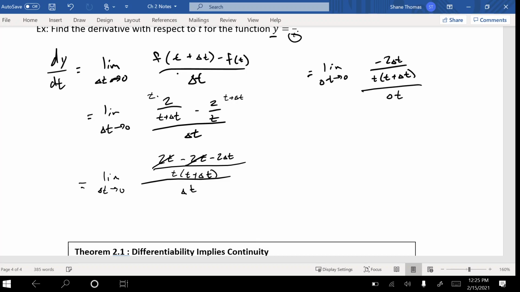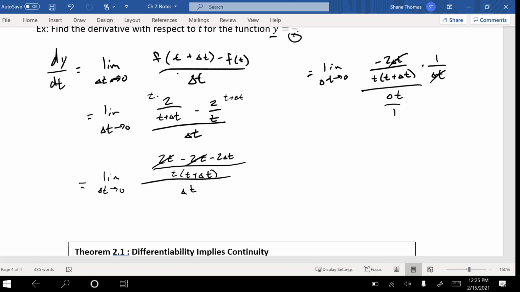Now I have a single fraction on top. Let's take this bottom and reciprocate, because this would be over 1. So I can do 1 over delta t. Flip it, multiply by the top. And I'm going to cancel out my delta t's.